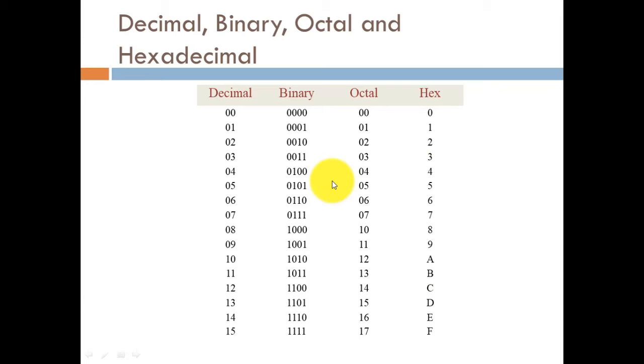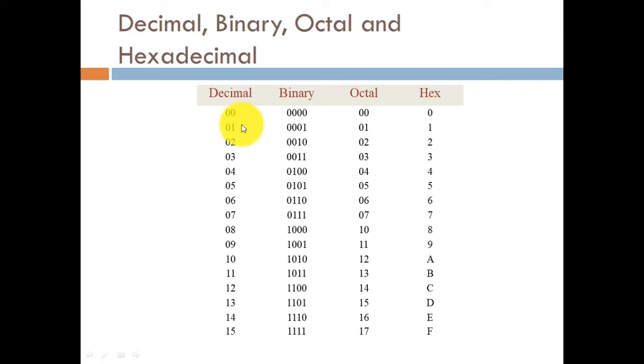This particular slide shows the decimal, binary, octal and hexadecimal equivalent digits, and how we represent them. In the decimal number system we have 00, 01, 02 up to 15.